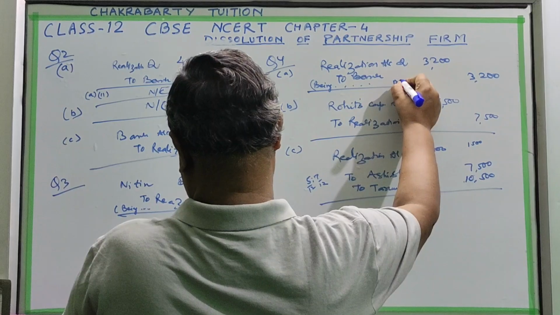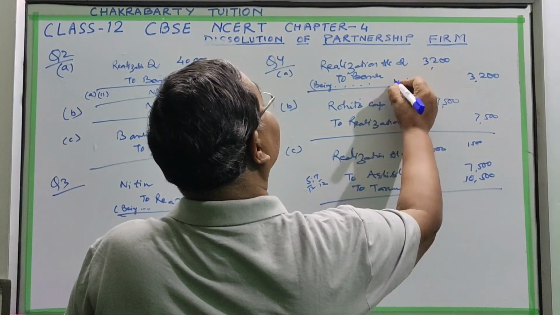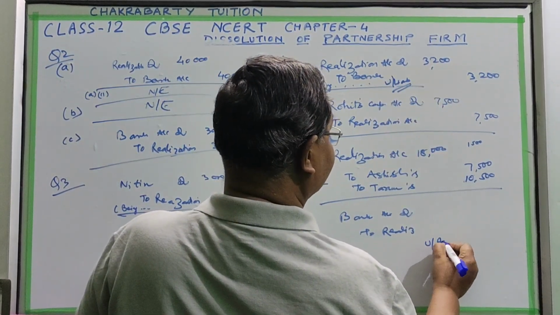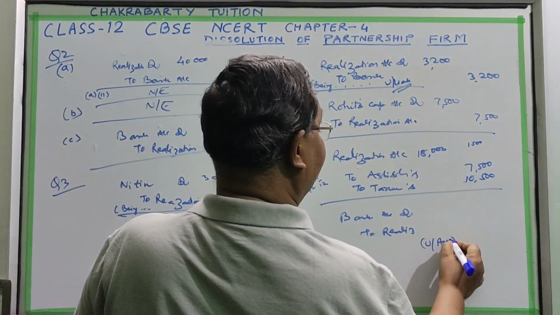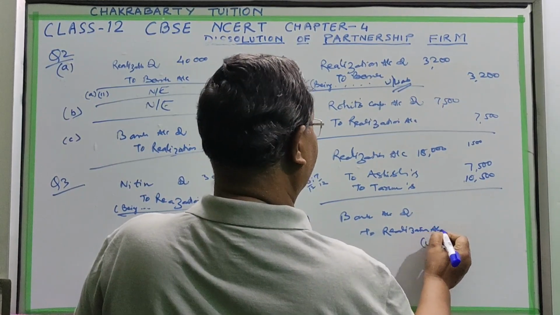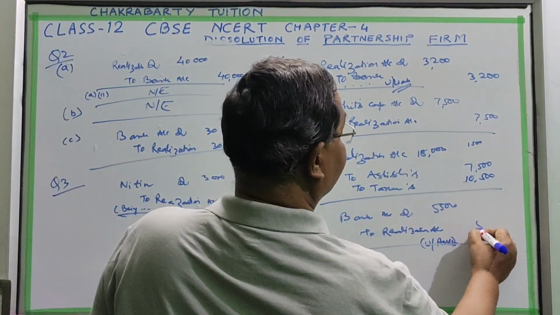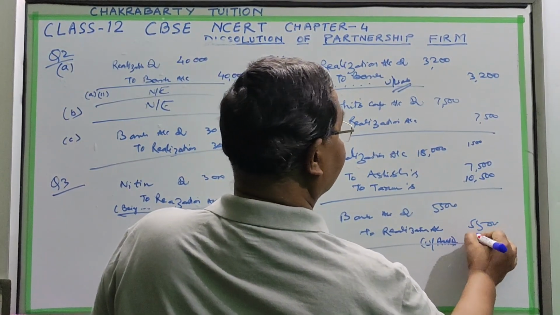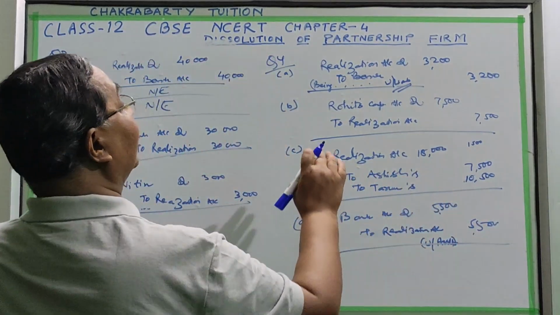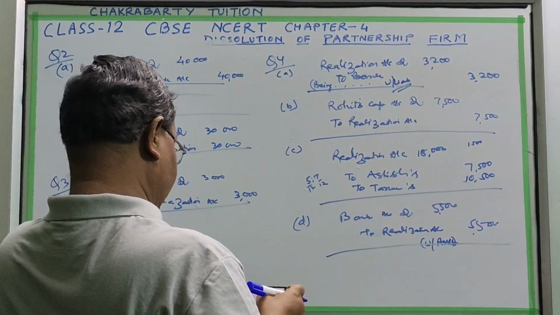That was for liability, unrecorded liability. This is unrecorded assets. So in the narration we will write unrecorded assets realization account. How much is it? 5,500. We will write being unrecorded assets realized, being unrecorded liabilities paid off. Like this, in short, you have to write.